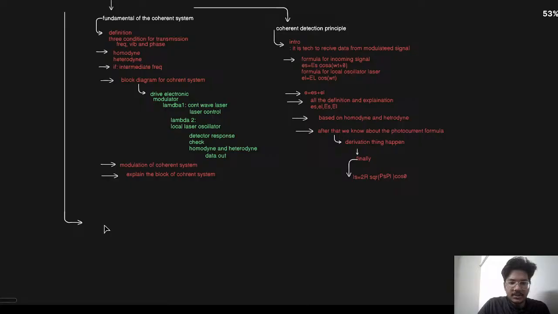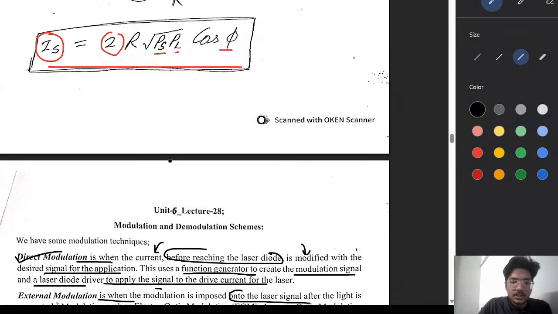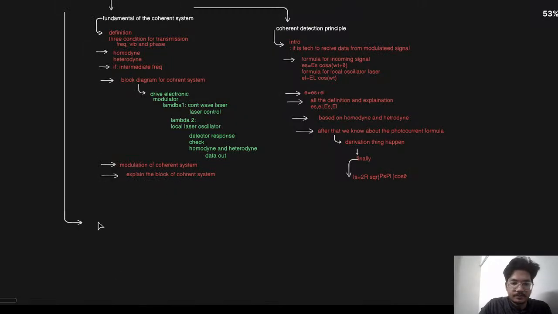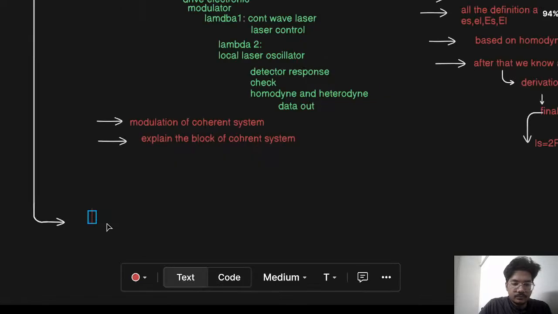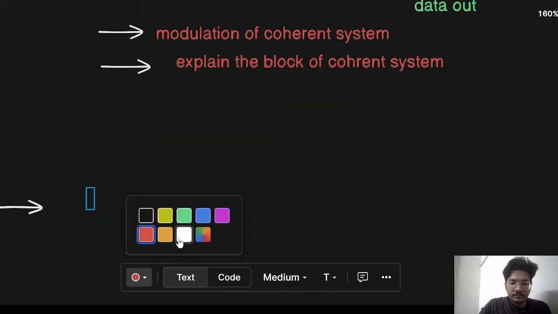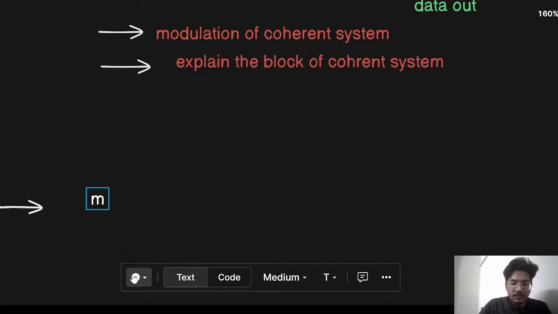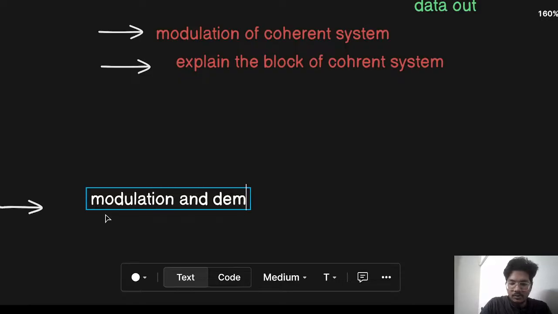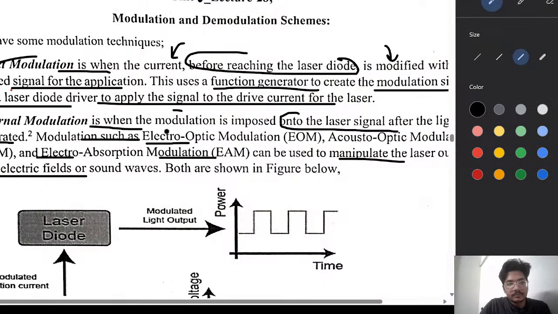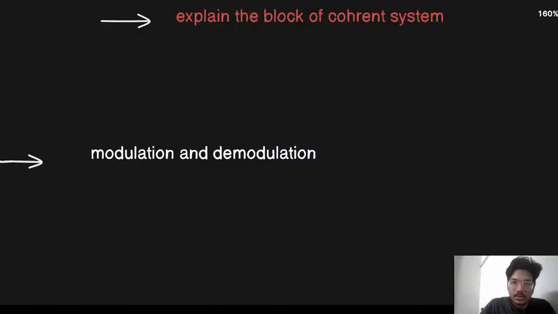The next part is modulation and demodulation. So modulation and demodulation schemes. We see the modulation techniques.